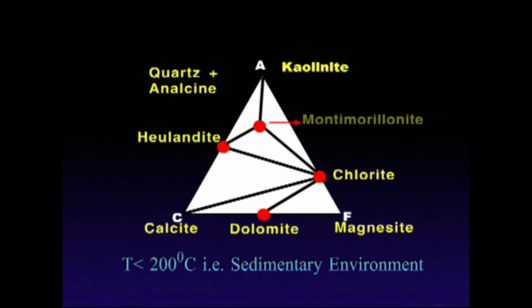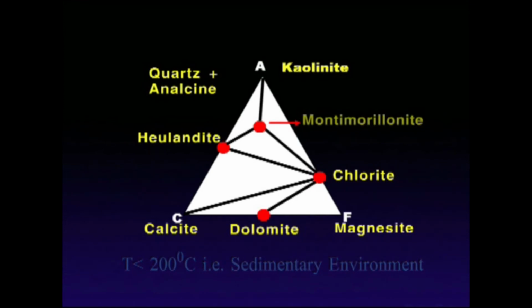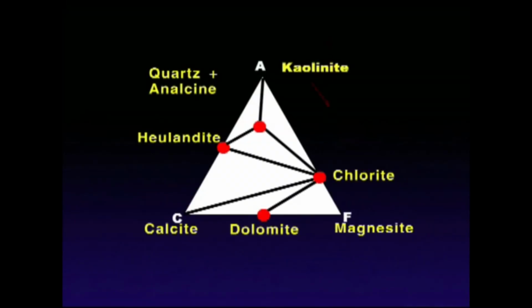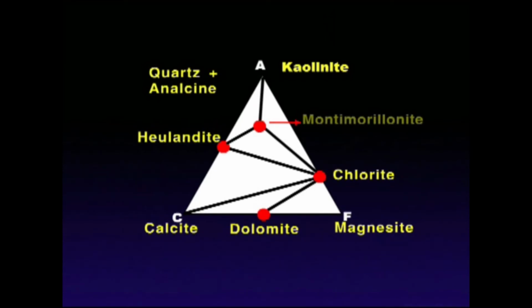During zeolite phases metamorphism, the sedimentary rocks like dolomite and limestone remain as such, while clay minerals like kaolinite, montmorillonite, hollandite, prehnite, pumpellyite are also found as clay minerals.